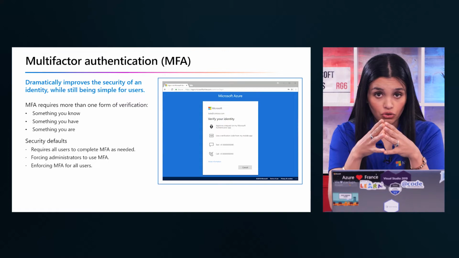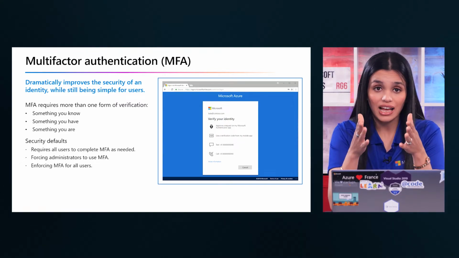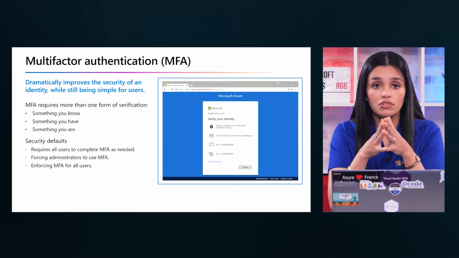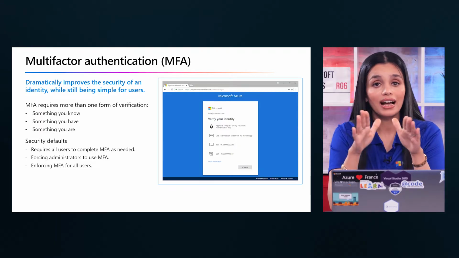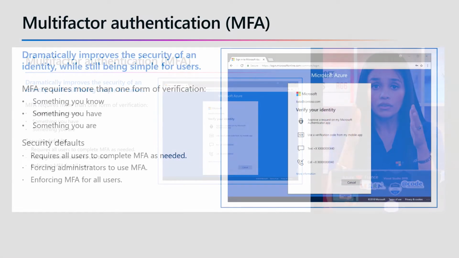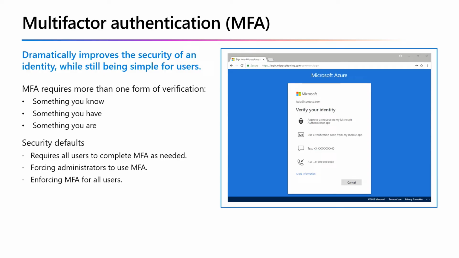The objective is to ensure that all organizations achieve a foundational level of security without incurring additional costs. These defaults enable some of the most widely used security features and controls, such as enforcing Microsoft Entra multi-factor authentication registration for all users, requiring administrators to utilize multi-factor authentication, and ensuring all users complete multi-factor authentication when it is needed.